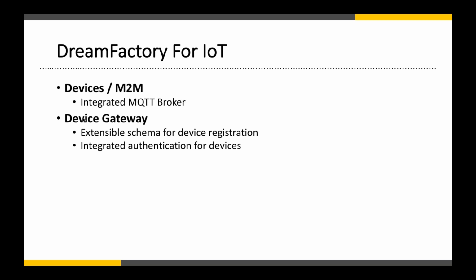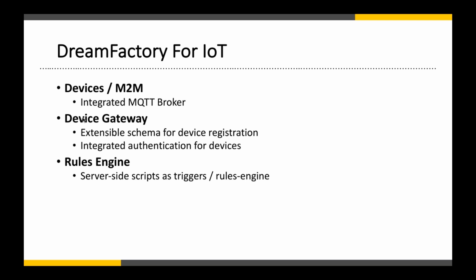So you get the best of both worlds. We have also implemented a device gateway, which means you can register the devices and generate tokens that you can use from the devices to authenticate. And you can also implement authorization for enabling the subscription or publishing process.